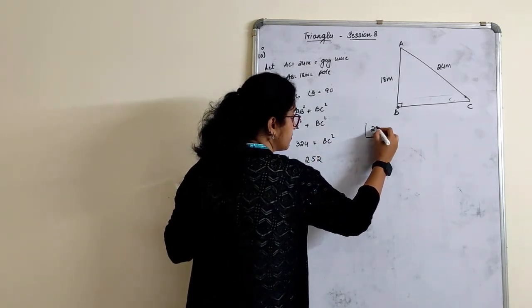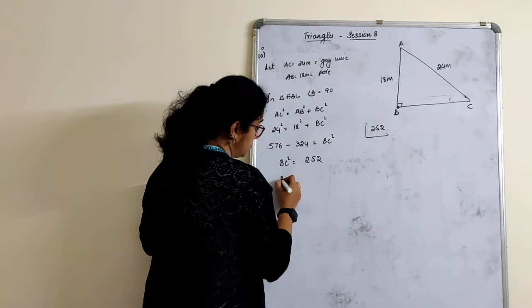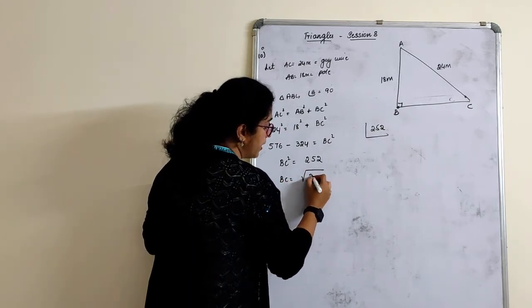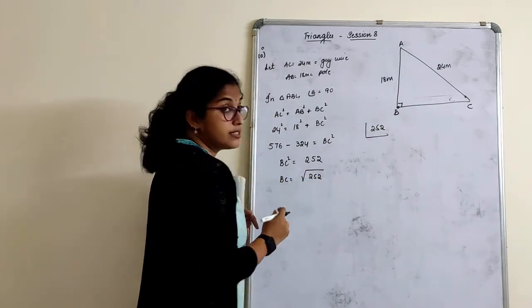Factorize. Because BC is equal to square root of 252. Write this in the simplest form now.